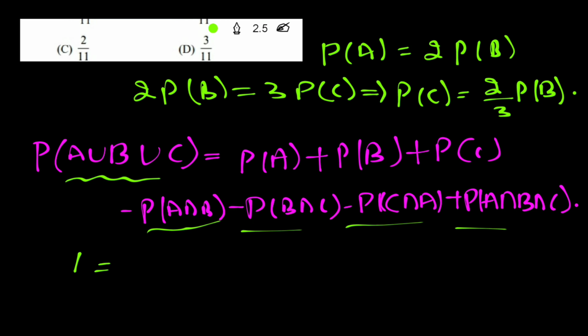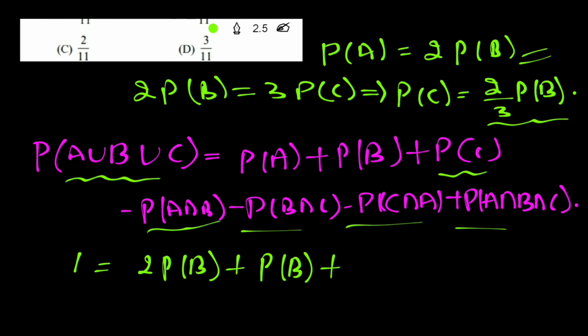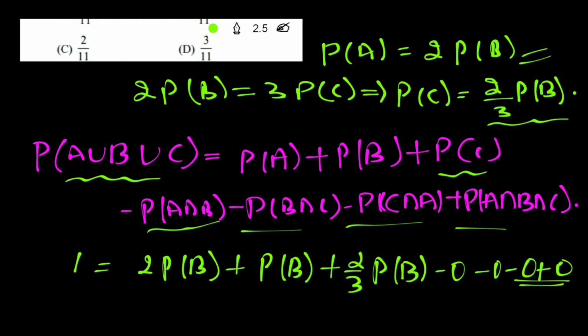Total probability is 1. P of A is 2 into P of B, plus P of B as it is, plus P of C, which is 2 by 3 into P of B, minus 0 minus 0 minus 0 plus 0. Why? Because the intersection part is empty, and the empty set probability is zero.